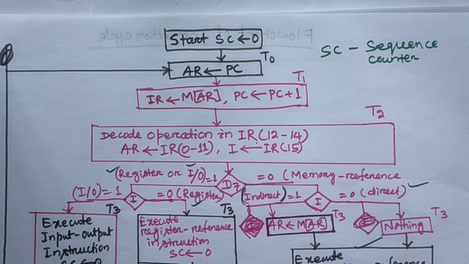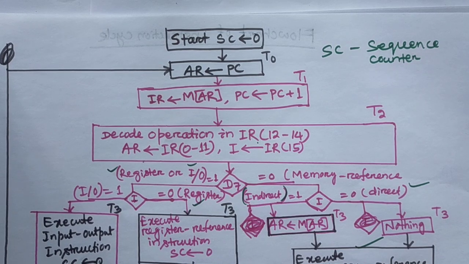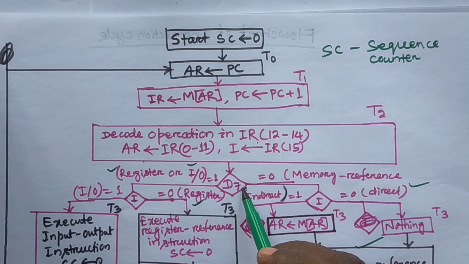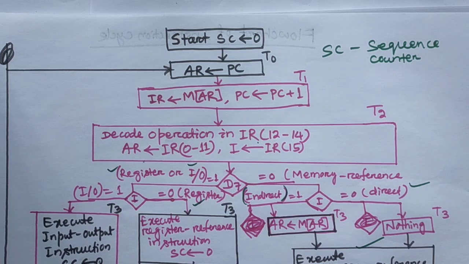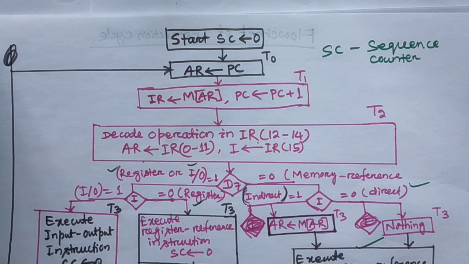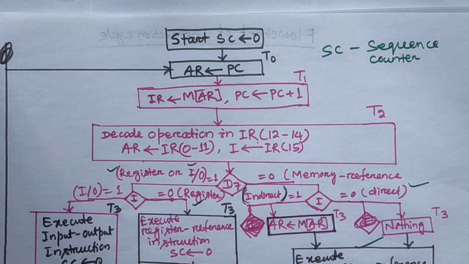Whenever we need to execute any instruction, we decide the reference depending on D7. Whether the D7 value is 0 or 1 decides which kind of reference we consider. Different kinds of reference are defined through D7 only. This is the basic concept.